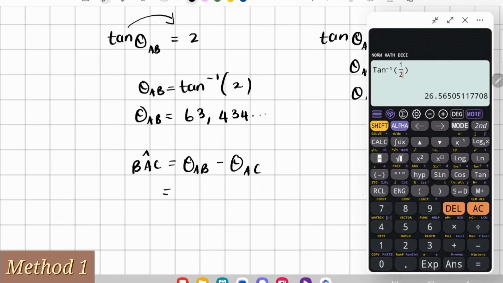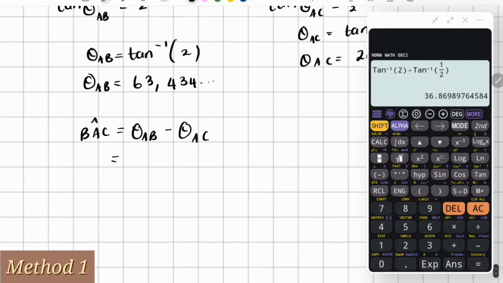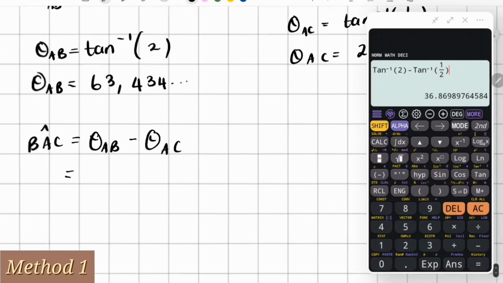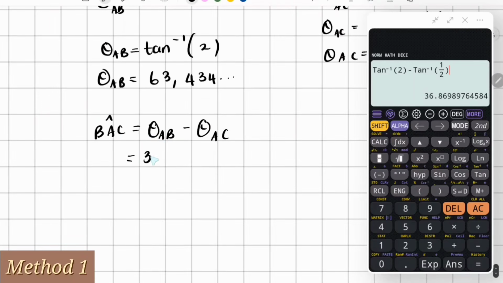I could have just taken it as shift tan of 2 minus shift tan of a half, just so that nothing is rounded off. So this is the shift tan of 2, that's the bigger angle, and shift tan of a half, of course, is the smaller one, AC. So we know now BAC is equal to 36.87 degrees. And now we can use that angle.